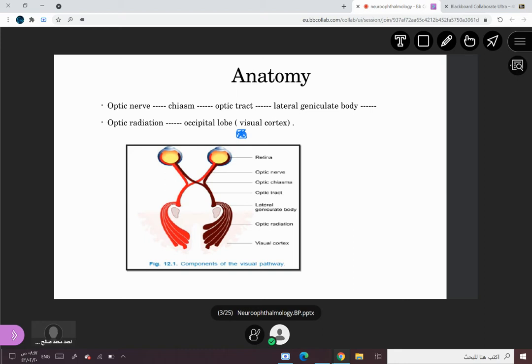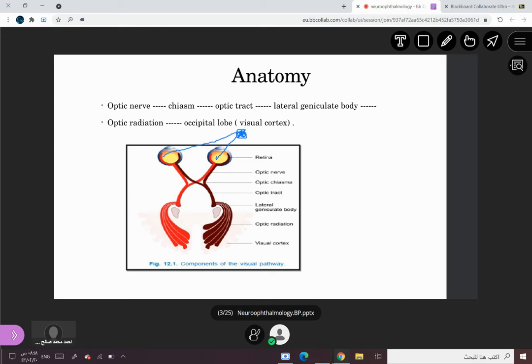Is that right? Yes. So this object will fall on the right nasal retinal fiber and left temporal retinal fibers. So this object which is here will fall here and there.